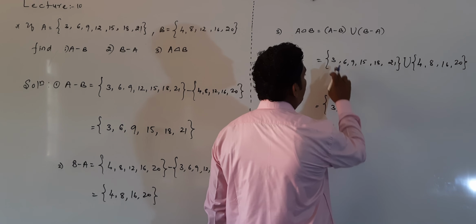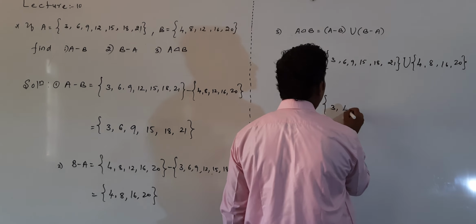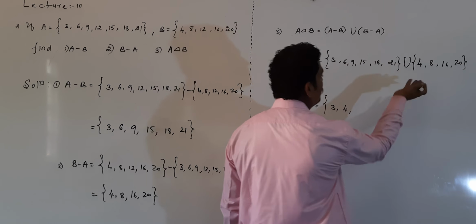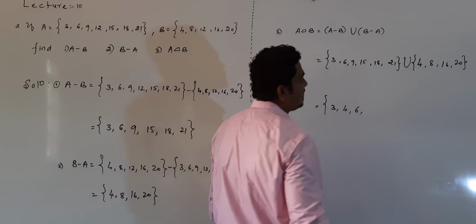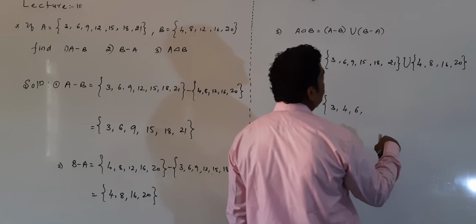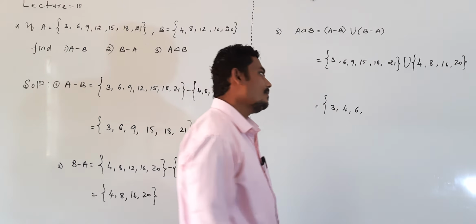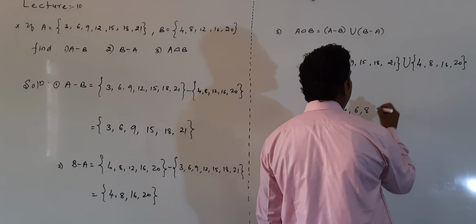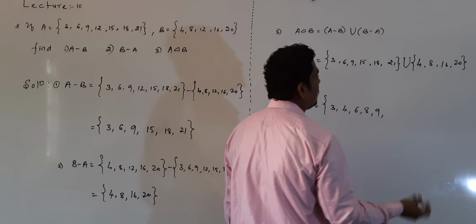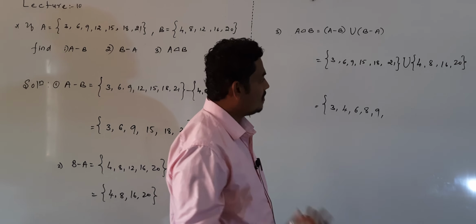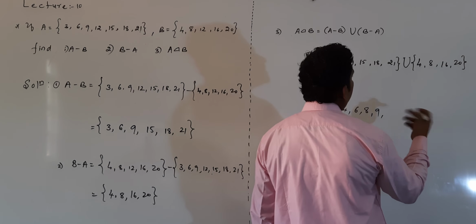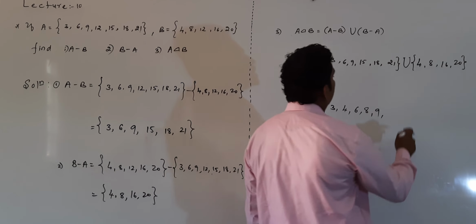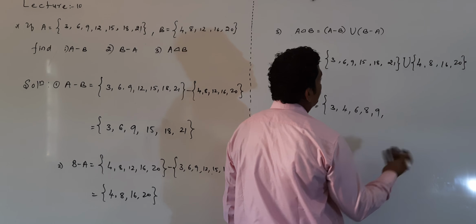3, after 3, 4 is there, 4. After that, 5 is not there in both the sets. Next go for 6. After 6, 7 is not there, but 8 is there, 8. After 8, 9 is there, 9. 10, 11, 12, 13, 14 are not there.